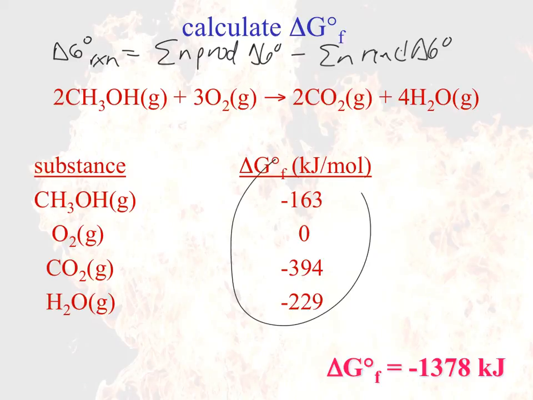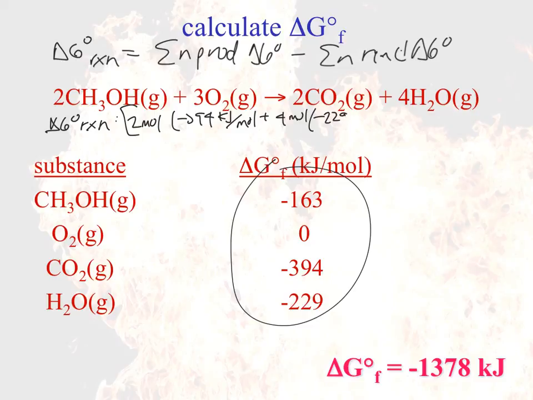Okay, so we've been given the tabulated data for our delta G naught values. So delta G naught of the reaction is going to be equal to, for the products, 2 moles of CO2, so 394 kilojoules per mole, plus 4 moles of H2O in its gaseous state, so minus 229.